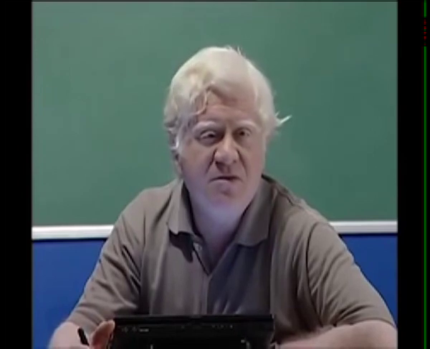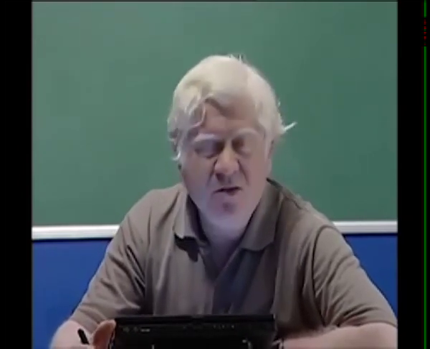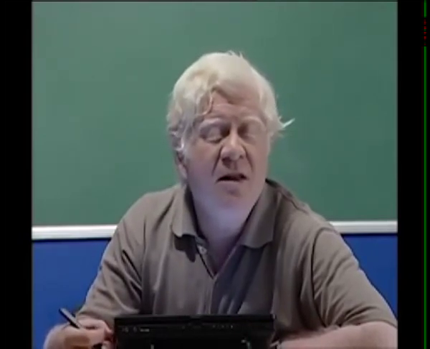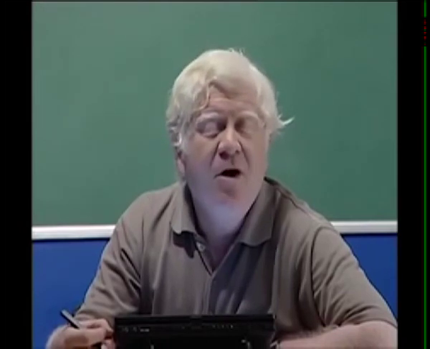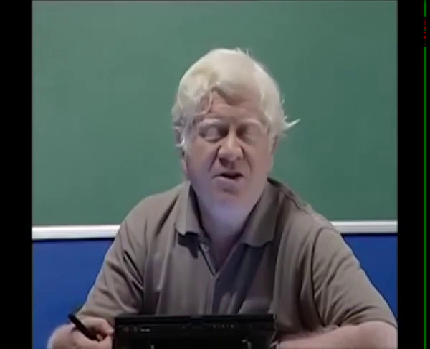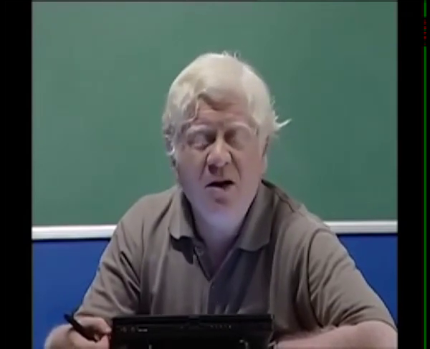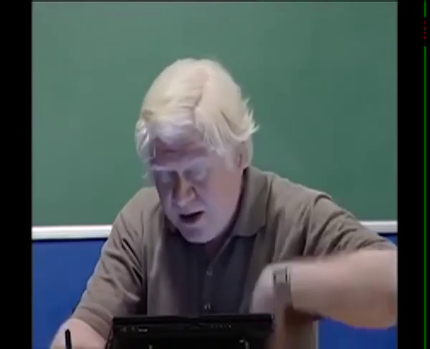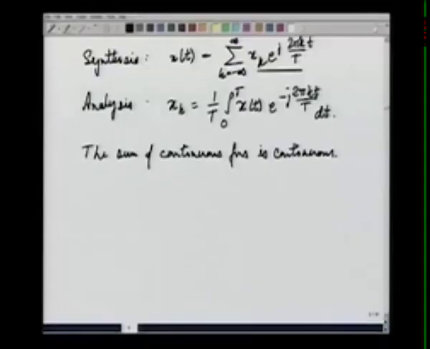Now, this is not a discussion that would be convenient to do at this level in any detail, because it goes into all kinds of intricacies in the mathematics of Fourier analysis, which is really not expected in a course at this level. So, all I will say is that if x(t) is a continuous function, then there is absolutely no problem in representing it using the Fourier series.